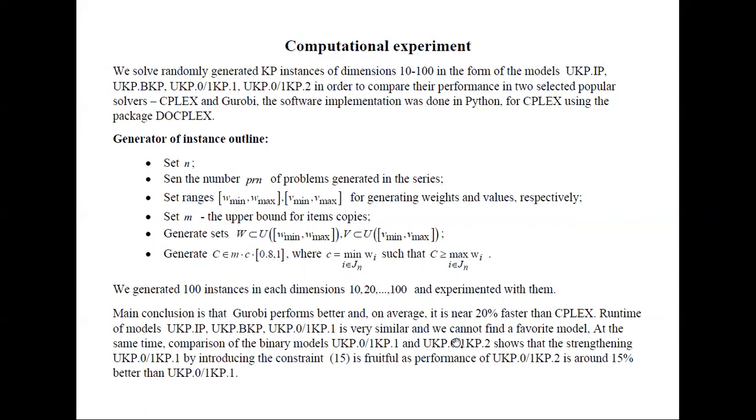So to conclude, this research shows that different formulations of any combinatorial optimization problem, even such a well-known one as the knapsack problem, result in very different performance.